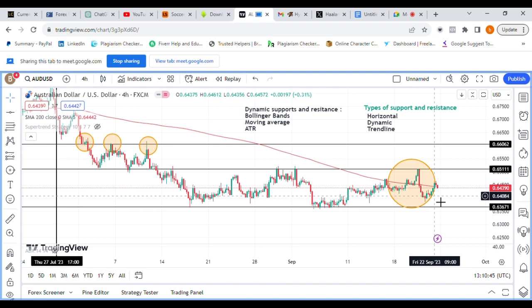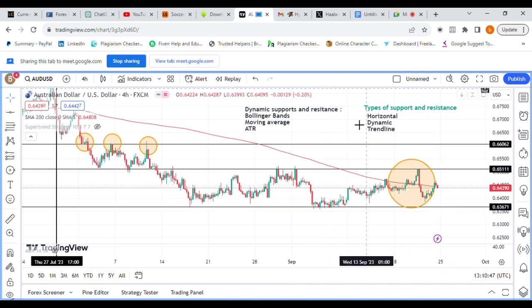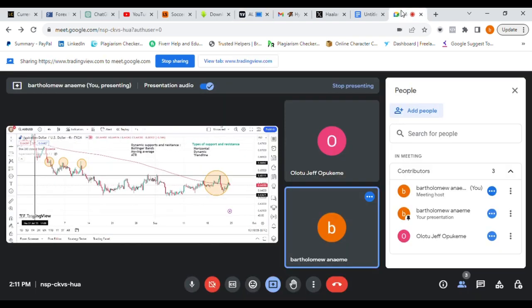So, if you are in a trade and the trade is approaching a moving average like this, it is most likely to take out your trade, because that moving average can stand in as support or resistance depending on the direction of the market. Understand?